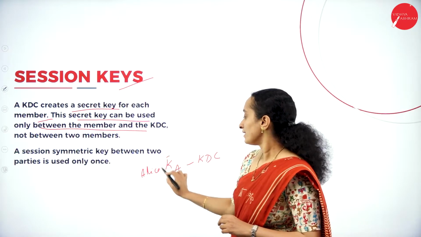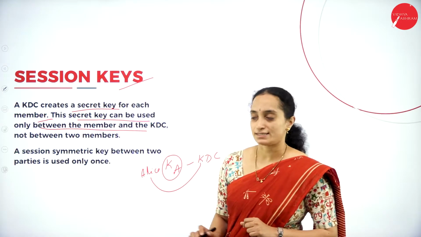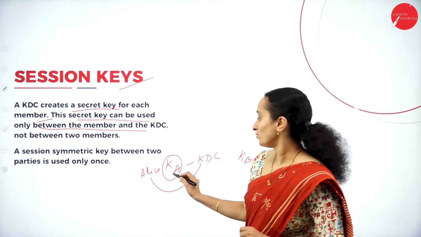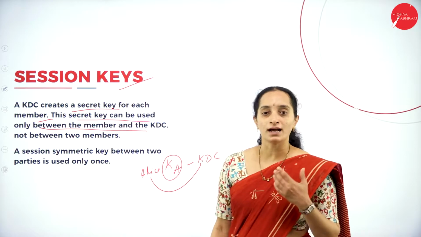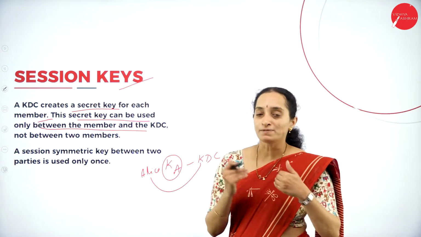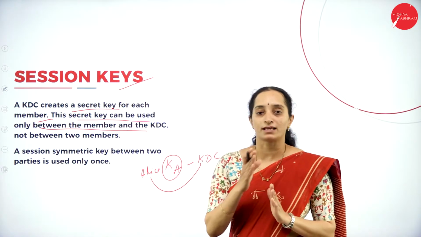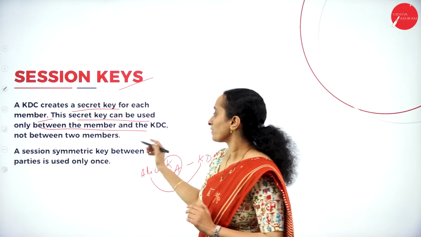This key will be used only between Alice and the KDC, not with Bob. Bob cannot use this secret key to communicate with the KDC because Bob's secret key is different. If he wants to communicate with the KDC, he has to use his own secret key. Okay, it is not between two members.